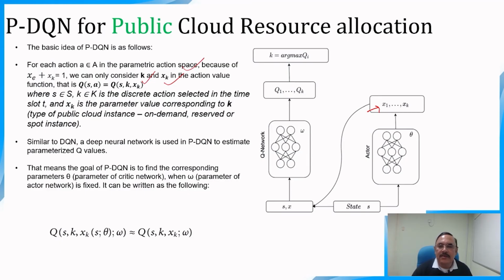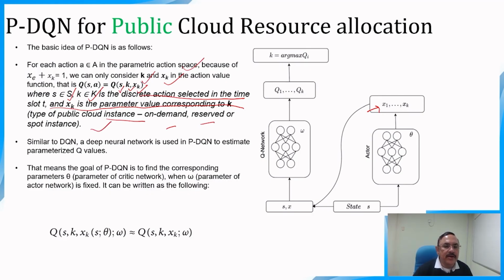So, here you can see that the action function contains this particular k and x_k, that is Q of s, a is equal to Q of s, k and x_k, both are considered here, where s is the state, k is the discrete action selected in the time slot t, and x_k is the parameter value corresponding to k. Type of public cloud instance: on-demand, reserved instance, and that we have explained.